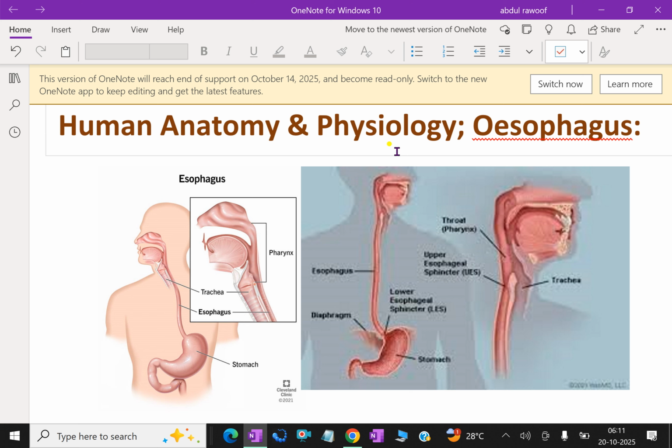The upper and lower ends of the esophagus are closed by sphincters. The upper cricopharyngeal or upper esophageal sphincter prevents air passing into the esophagus during inspiration and the aspiration of esophageal contents.